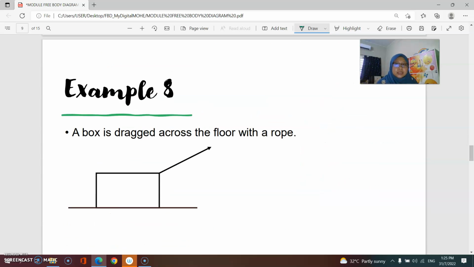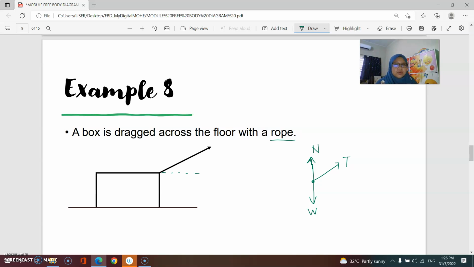Okay, example 8. A box is dragged across the floor with a rope. We know that one of the forces that exists because of the rope is the tensional force. Again, we have the gravitational force; I will just use W to represent it, and N as the normal force. Then we have a tensional force to represent the rope.